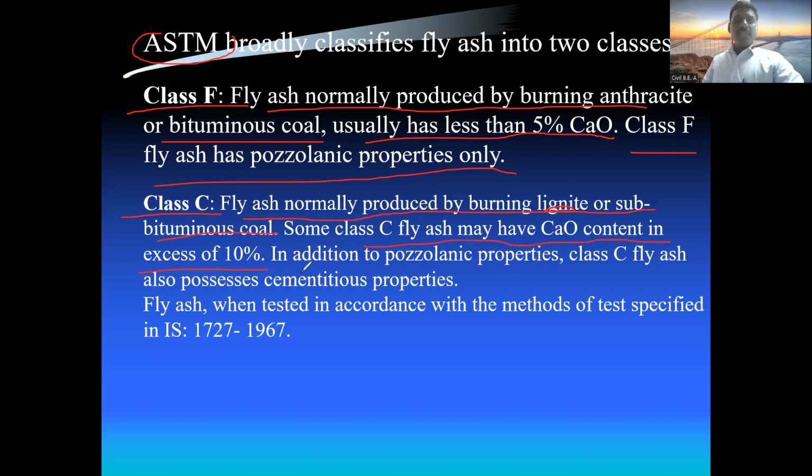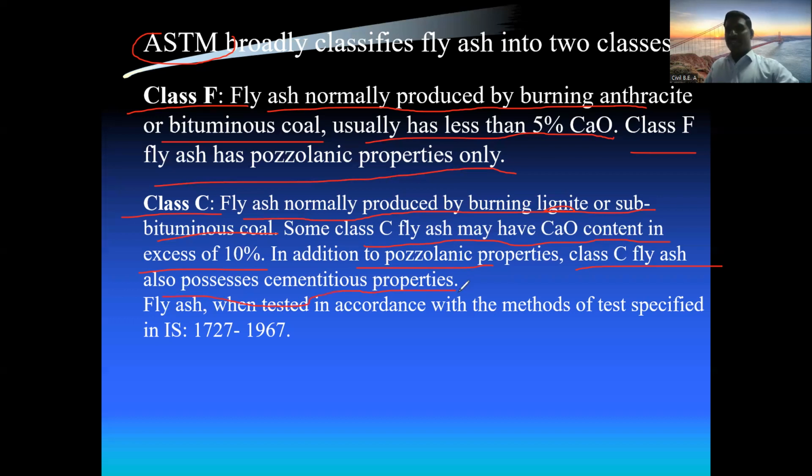So in addition to these pozzolanic properties, class C fly ash also possesses cementitious properties.